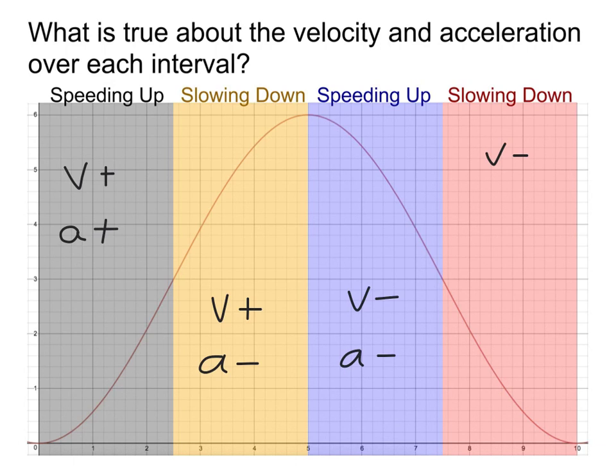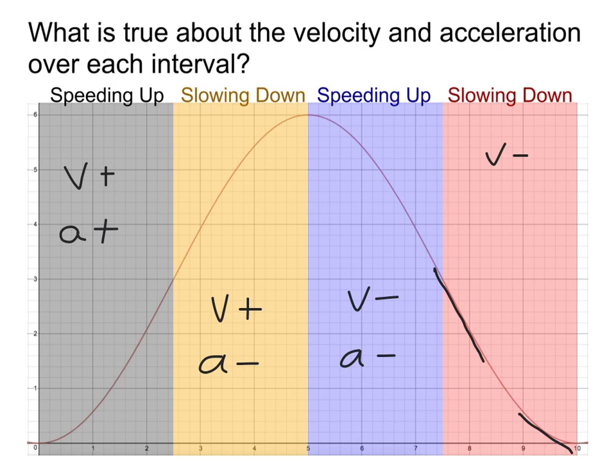Now, you might be thinking, but it got steeper. Yes, it did get steeper, but it got more negative. We're just looking to see, did the velocity number get bigger or smaller? The velocity got to be smaller. It still increased, but it increased in the negative direction. Okay, what about in this last section?